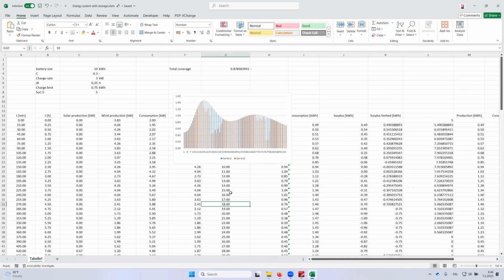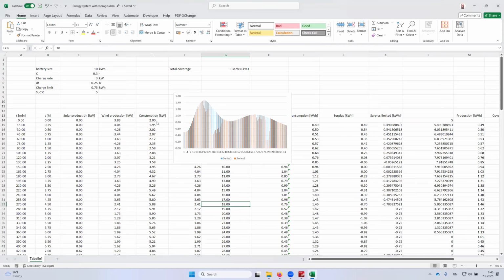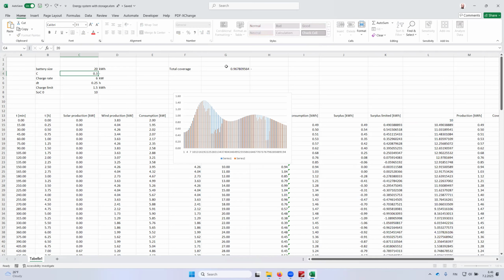And the assignment was that we had to determine a battery size and charging/discharging rate with which you can cover 90% of the consumption together with the renewable production. So let's do that. Our total coverage has to hit 90%. So if we change this one to 20, it's going to go above it.